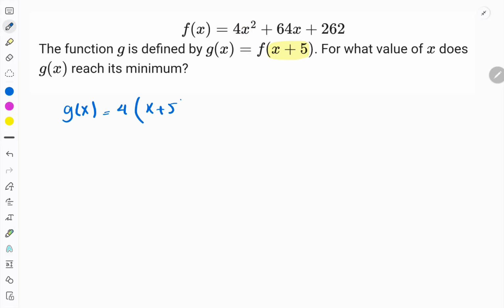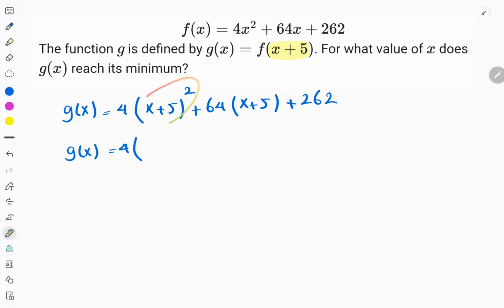So x plus 5 squared plus 64x. So the same story, substitute x plus 5 into the equation, plus 262. And now I'm gonna simplify this equation.